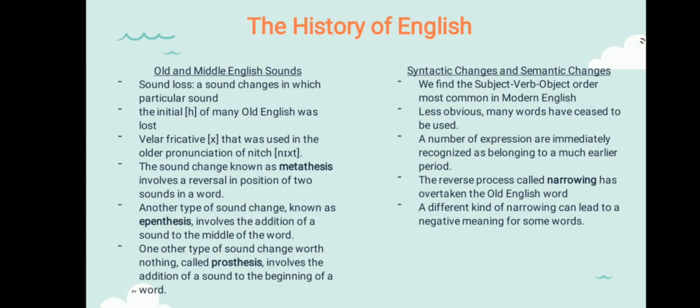The sound change known as metathesis involves a reversal in position of two sounds in a word. This type of reversal is illustrated in the changed versions of these words from their earlier forms.